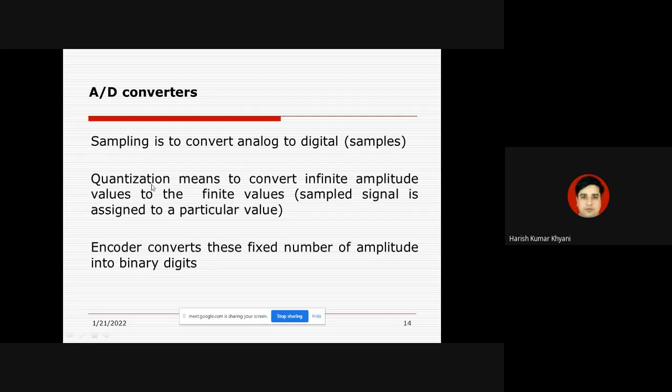So in the quantization process, these infinite amplitude values are converted into finite values. It means the sampled signal is assigned a particular value. In our next slide we will see this process in detail. Whereas in the last process, we are using an encoder that converts these fixed number of amplitude values, meaning the quantized signal, into binary digits.